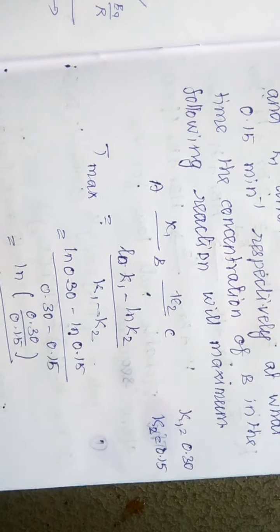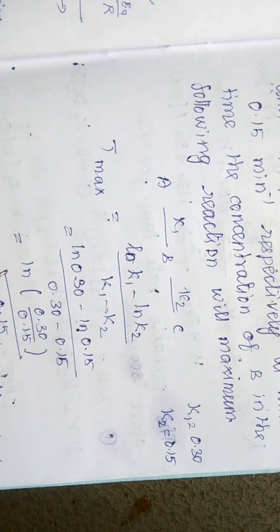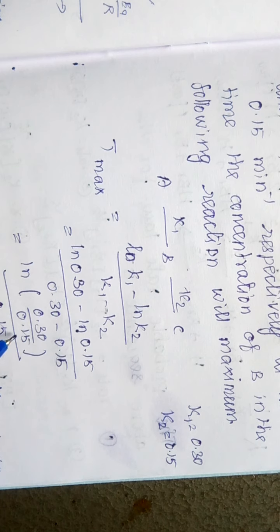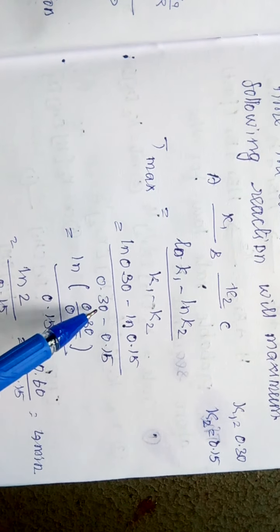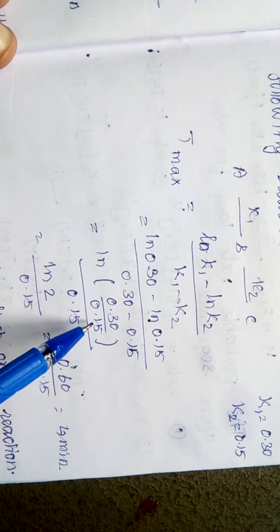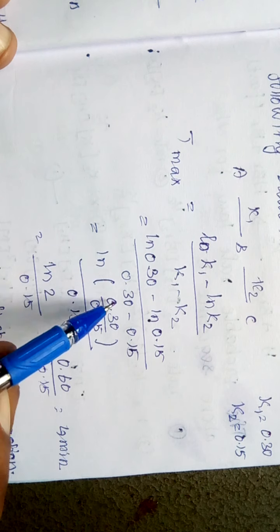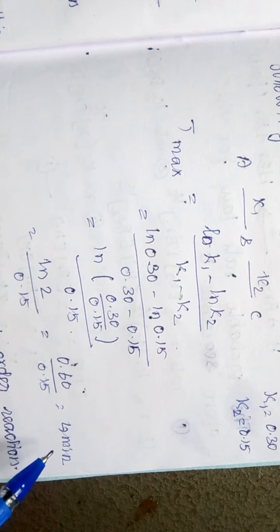When you apply this, these two ln's are in minus, so in short form you divide 0.30 by 0.15. And 0.30 minus 0.15 will become 0.15. So you will get ln 2 by 0.15, and the value of ln 2 is 0.60, so 0.60 by 0.15, it will be 4 minutes.